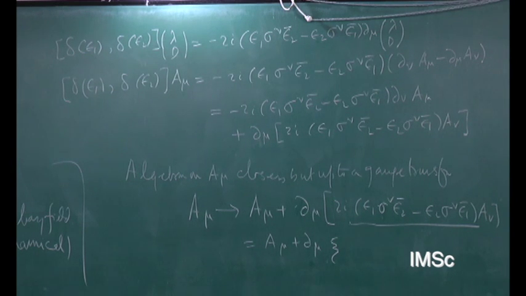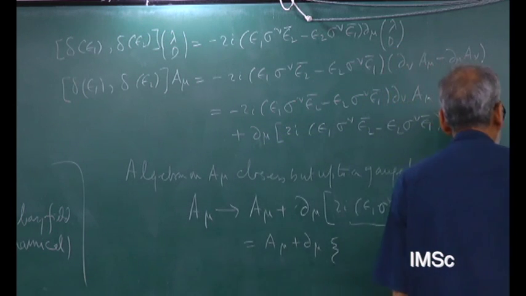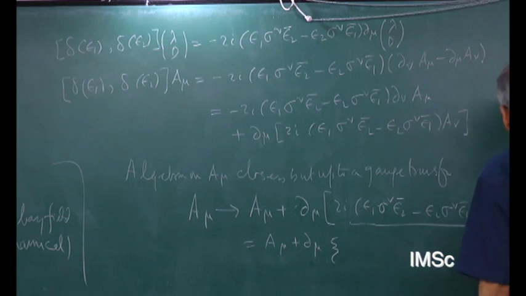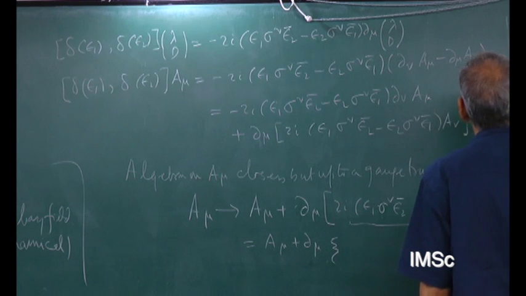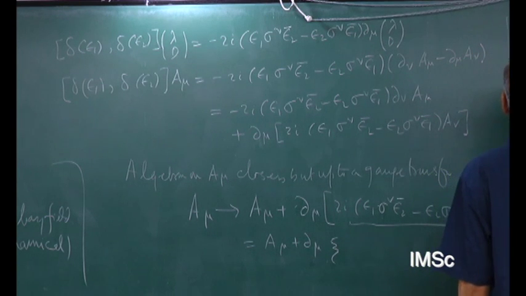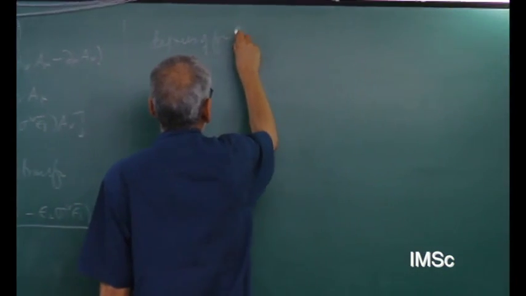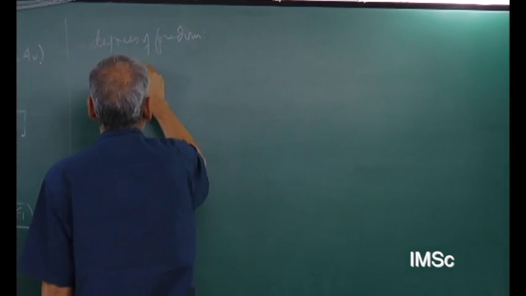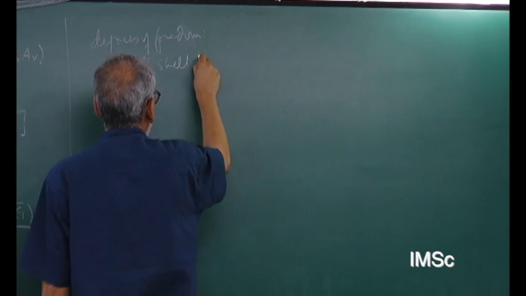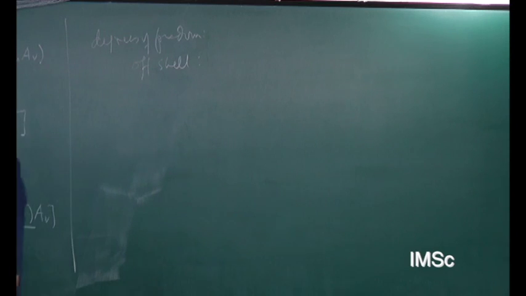The other thing to notice is, let's count degrees of freedom in this multiplet. Off shell. Off shell means we count degrees of freedom of the auxiliary fields also. We are not using their constraint equations to eliminate them. We are not using equations of motion of A and lambda.